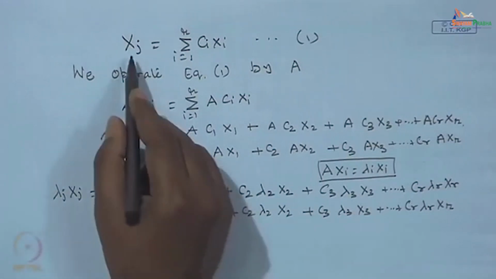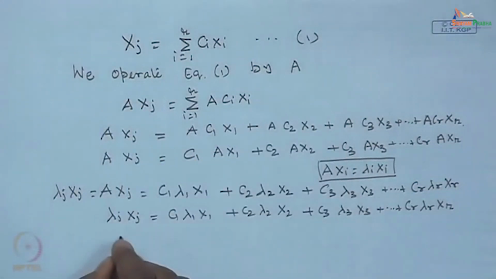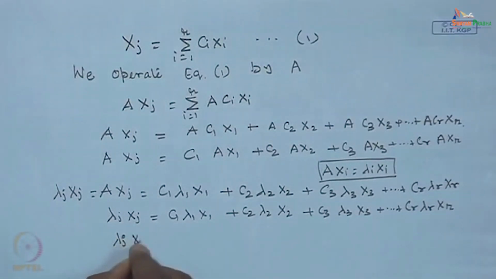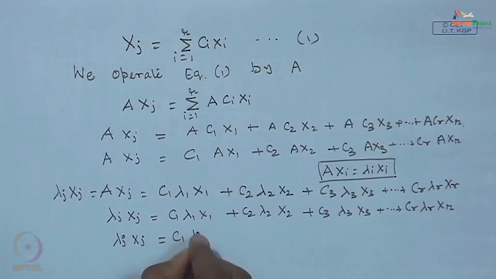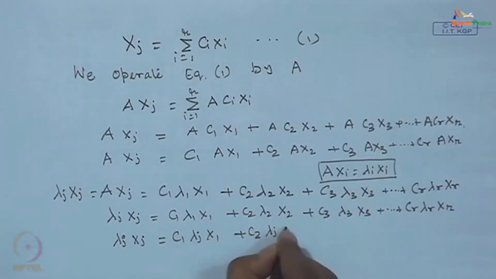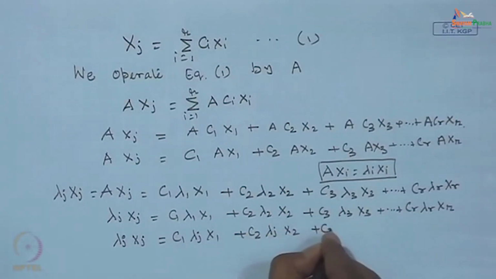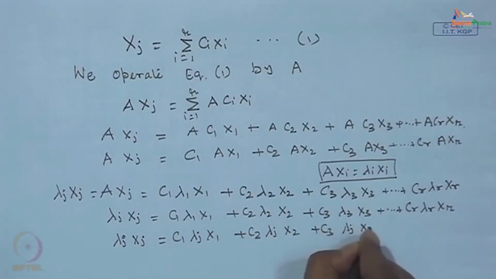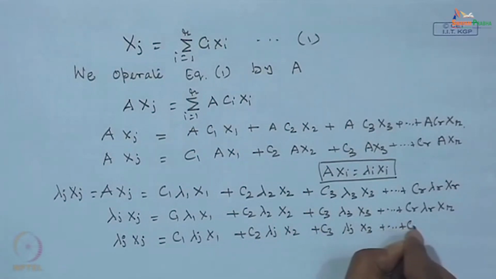If we multiply equation number 1 by lambda j, we get lambda j times x j is equal to C 1 lambda j x 1 plus C 2 lambda j x 2 plus C 3 lambda j x 3 up to C r lambda j x r.